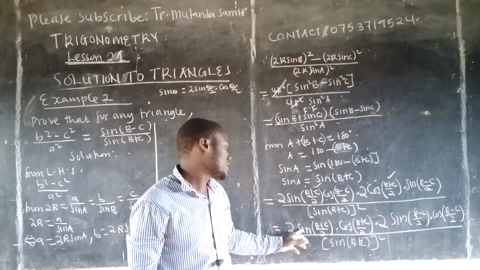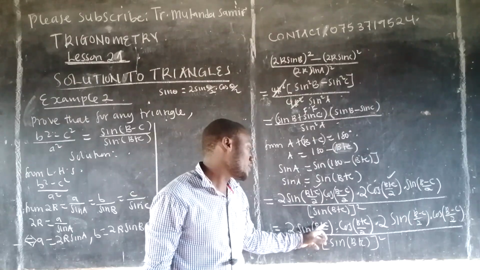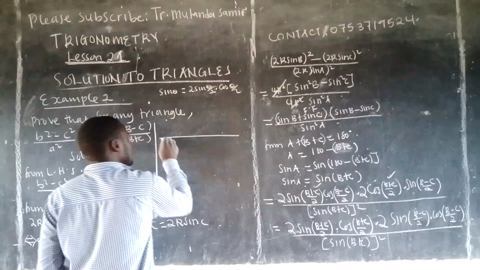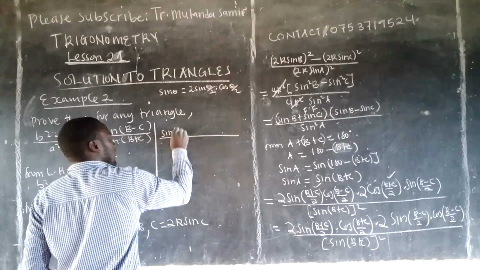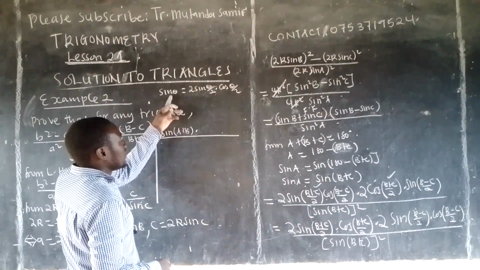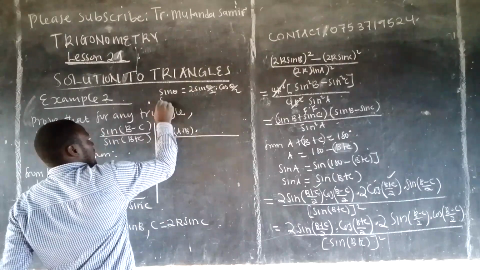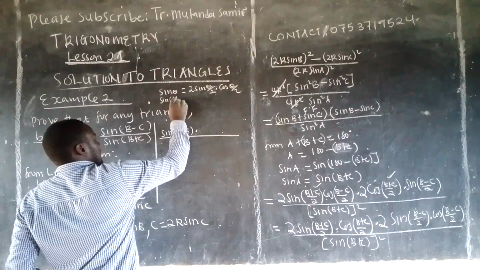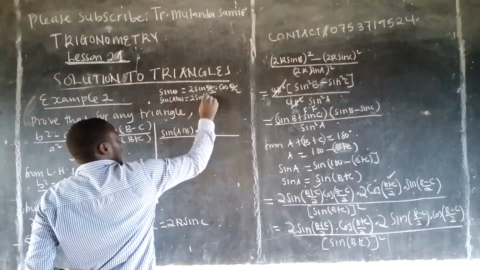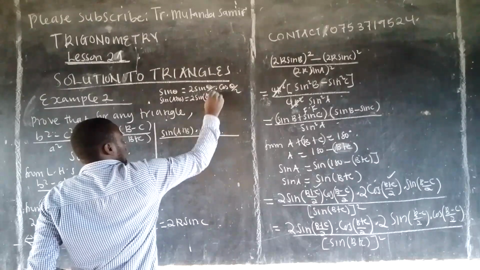When you have 2 sine cos, but with the over 2, it means that originally you had this, a sine of a plus b. Take this to be theta.